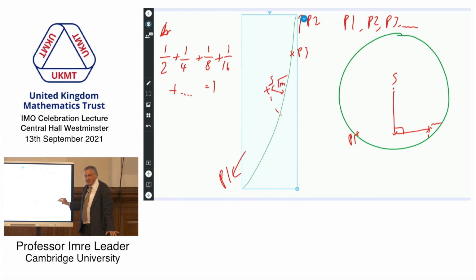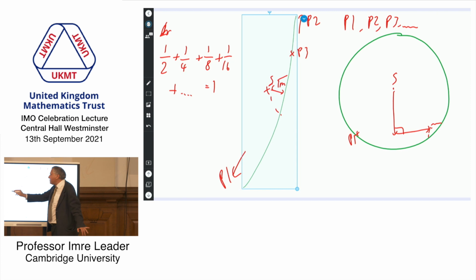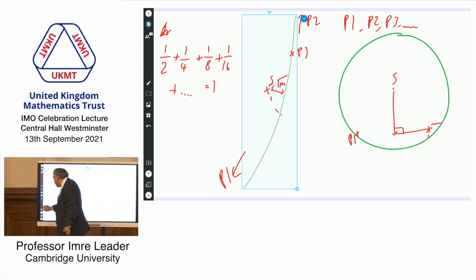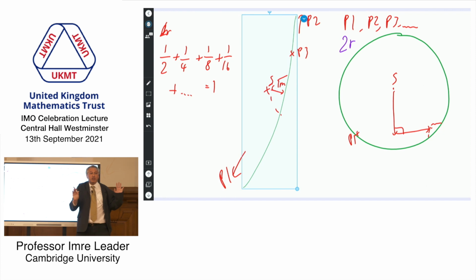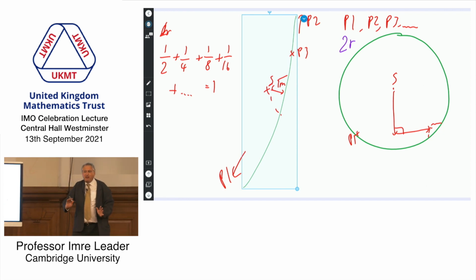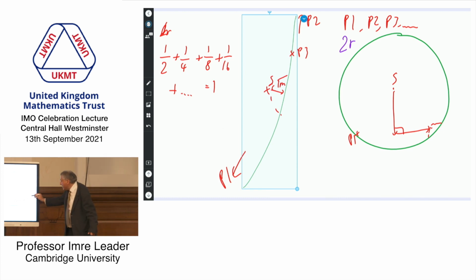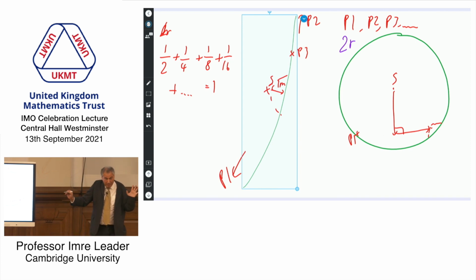Actually, that's pretty obvious, isn't it? But I'll write the time it took. I'll write 2r. That means it took time at most 2r. I'm assuming we go 1 unit of time per second, so that's 2r. Everyone happy with that? And again, if I keep my promise, then porter 1 didn't get me.